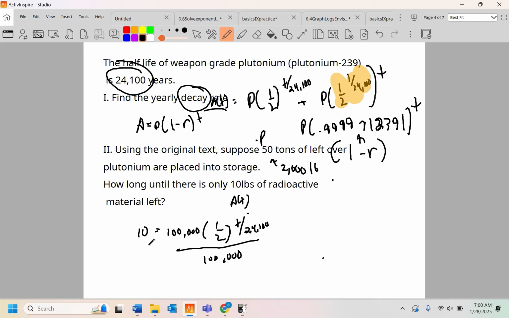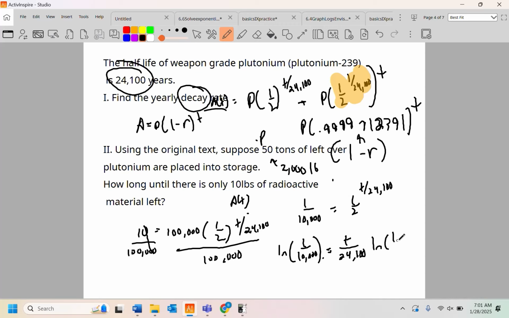Divide both sides by 100,000. Notice I'm not using y1, y2 anymore. So 1/10,000th is 1/2 to the t over 24,100. And the technique here is going to be to ln both sides. The natural log of 1/10,000th is equal to, and I'm going to skip some steps, t over 24,100 times the natural log of a half.